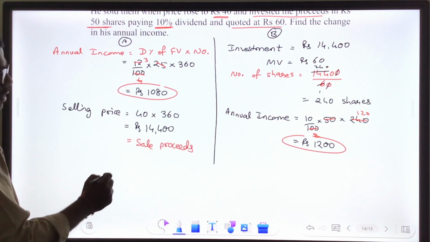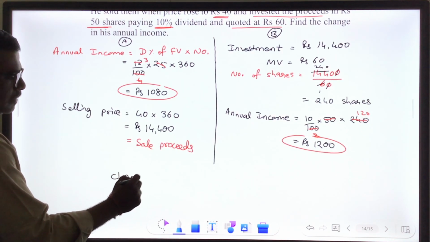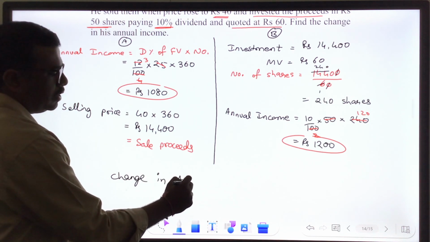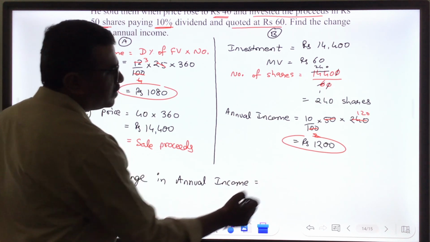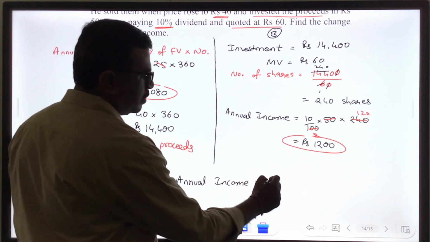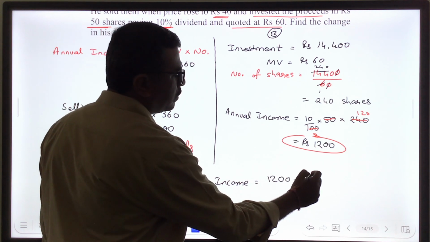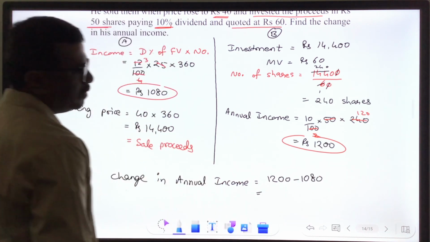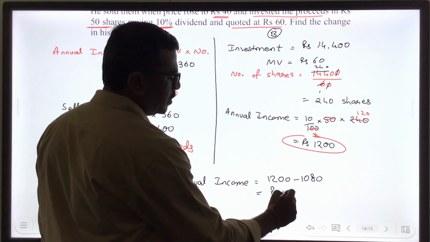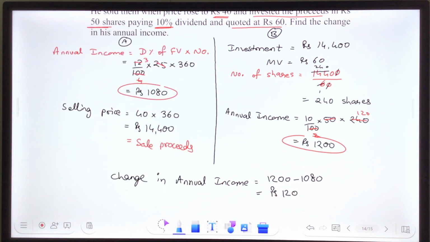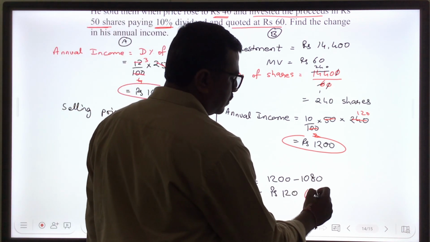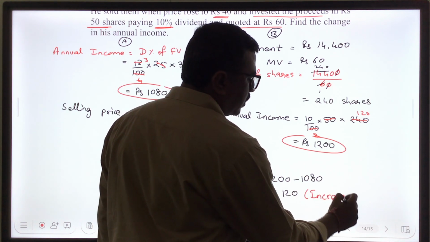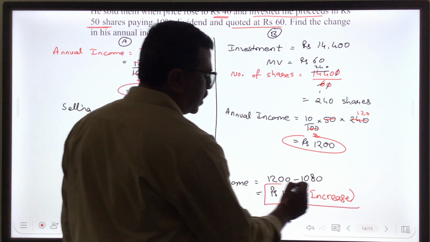So the change in annual income is the difference, which is 1200 minus 1080, which is equal to rupees 120. And you can see that annual income is increasing. So the change of rupees 120 is an increase in annual income by rupees 120.